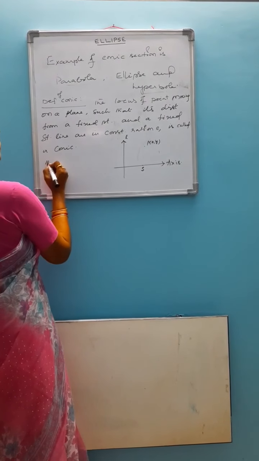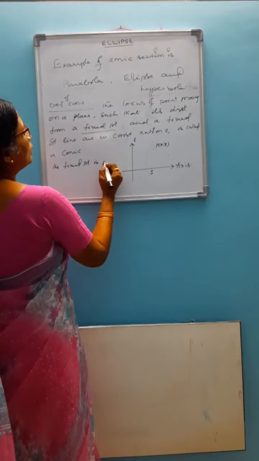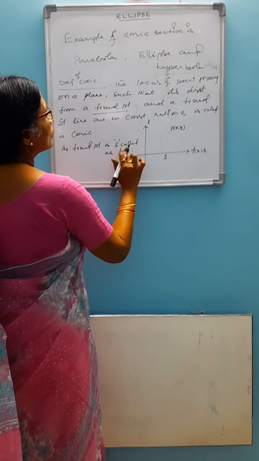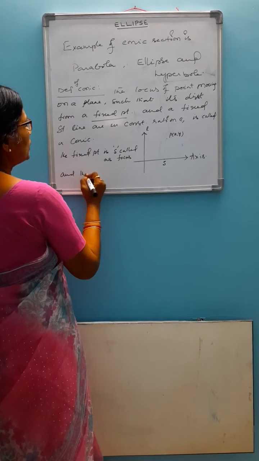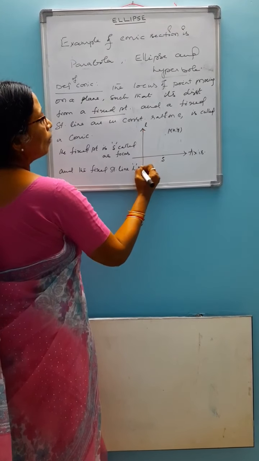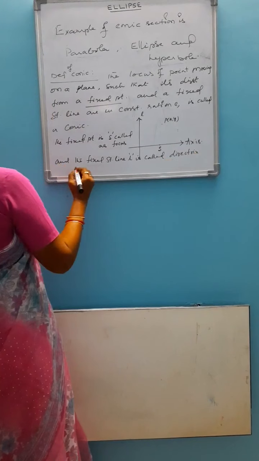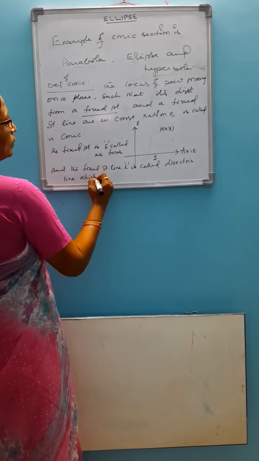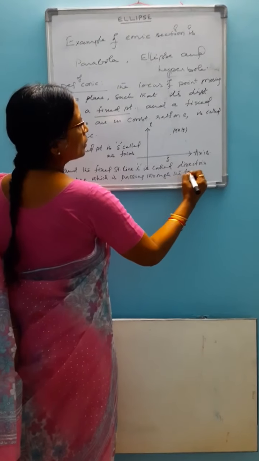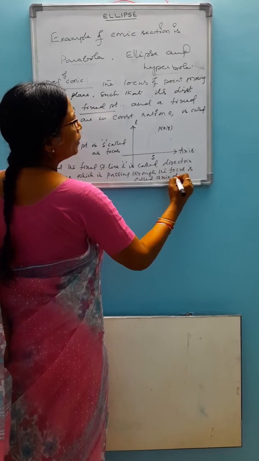Here the fixed point S in this definition is called the focus, and the fixed straight line L is called the directrix. The line which is passing through the focus is called the axis of the conic.